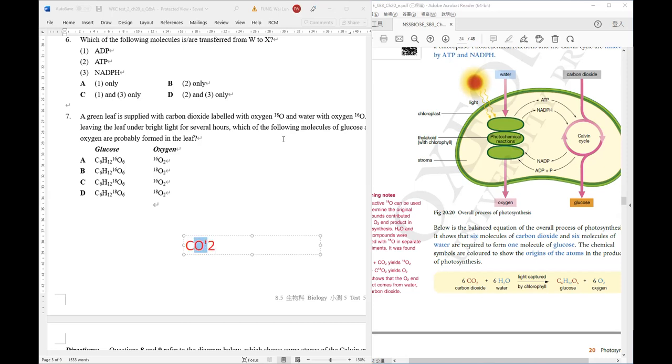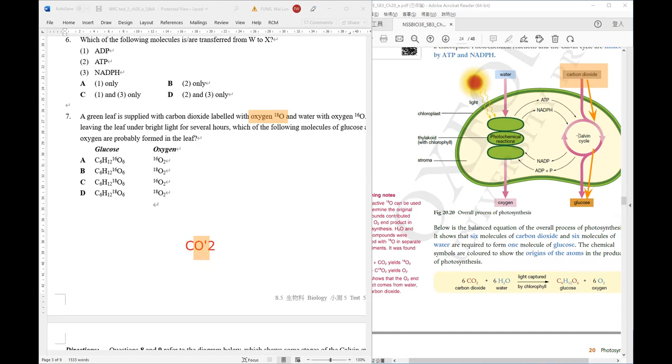This oxygen is a special oxygen atom. If this oxygen is a radioactive atom, where will the oxygen go? The oxygen must go into the Calvin cycle and must go into glucose.